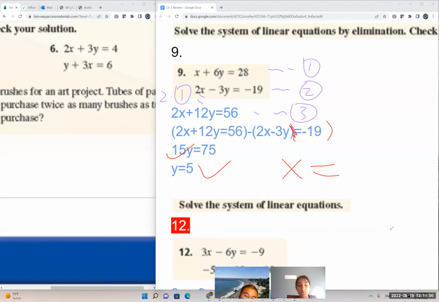Yeah, you just make y equal to 5, go back into any initial equation. Then you get x. Yeah, do it quickly.